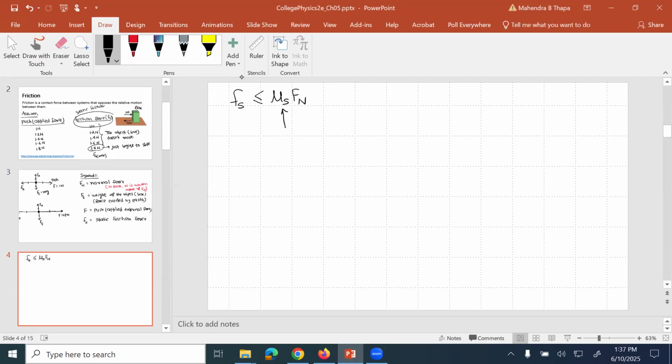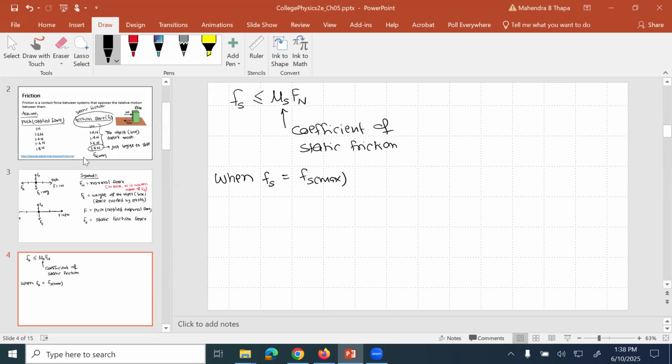This mu s is called the coefficient of static friction. So when the object just begins to slide, Fs equals Fs max.